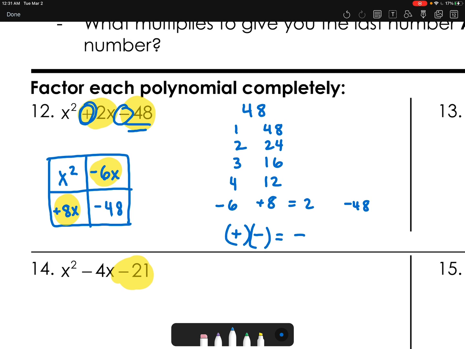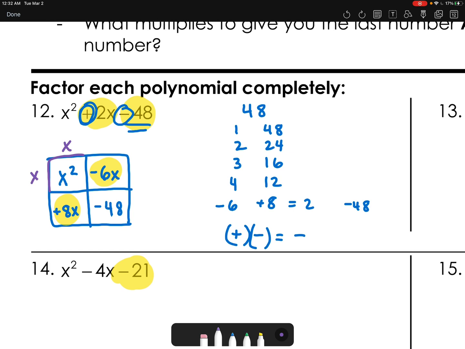Now I'm going to think about what goes on each edge of my square. Also, guys, if you see this pattern, if you have x squared in this first spot, remember we always just put x and x on the side here. What multiplies together to give me x squared? x and x.